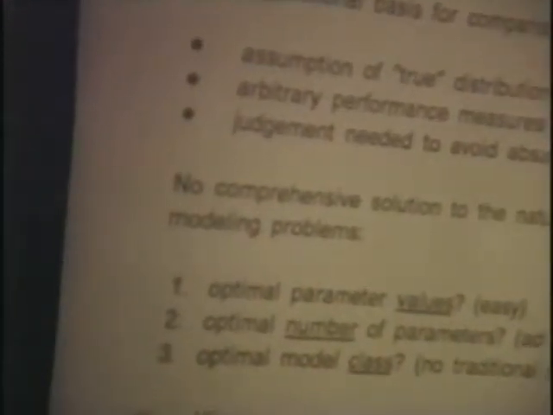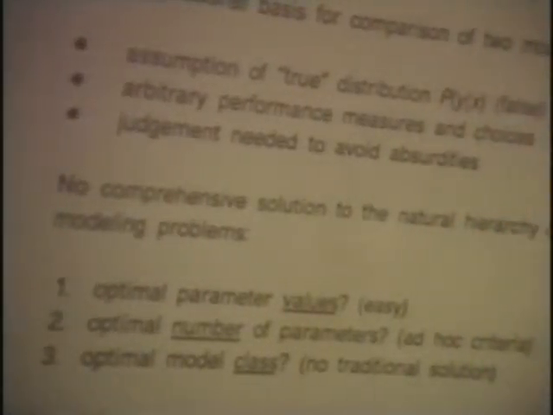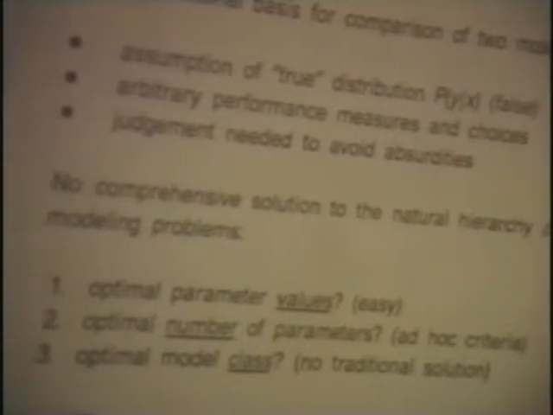If we have a fixed model structure and a fixed number of parameters, and we only want the optimal parameter values, then we have a relatively easy problem. This is a traditional problem about which much research and many results have been produced over the decades. But as soon as we take one step higher and start asking for the optimal number of parameters, then all of a sudden the theory breaks apart.